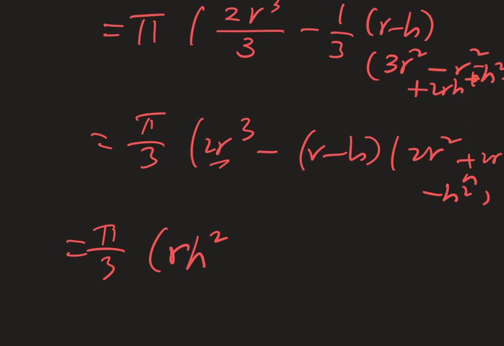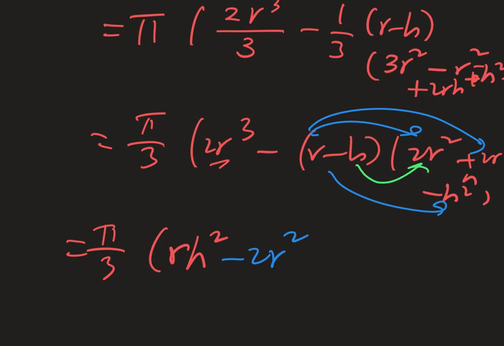Then you have this minus, then you have this r, you multiply already by the rainbow rule. Then minus r squared, then come to this term, minus h r squared, and this is 2r squared.